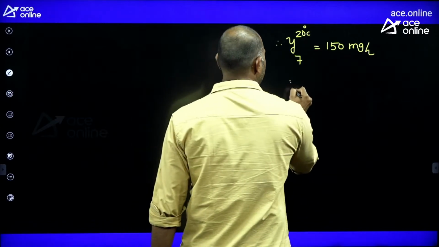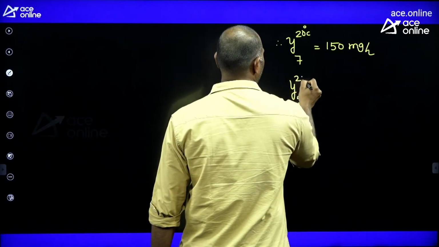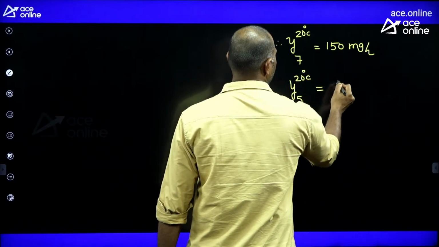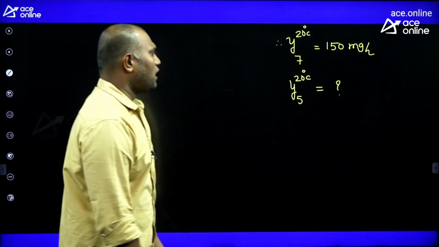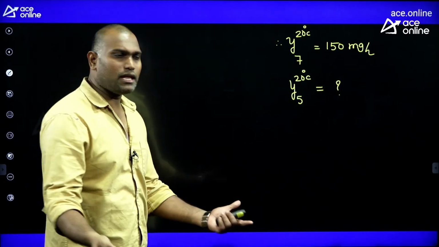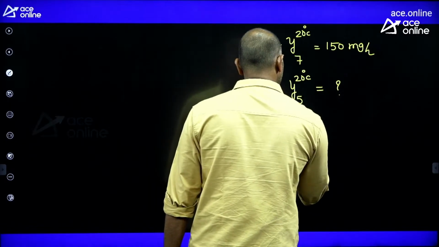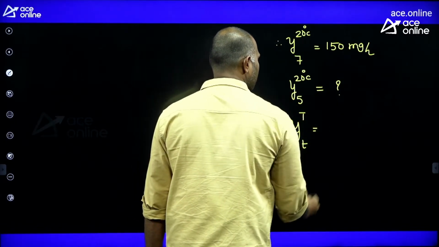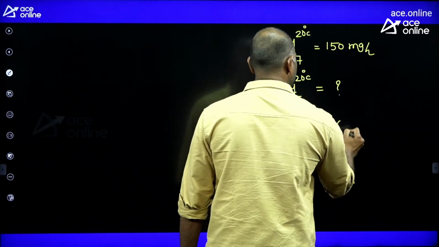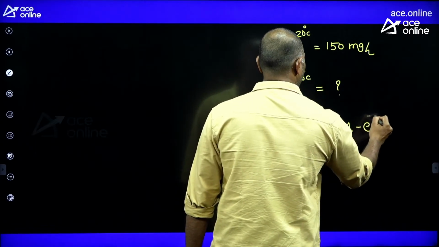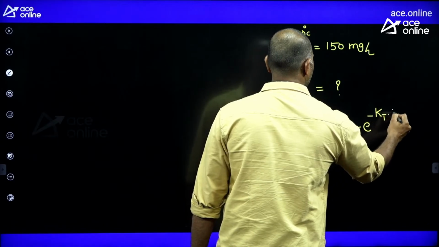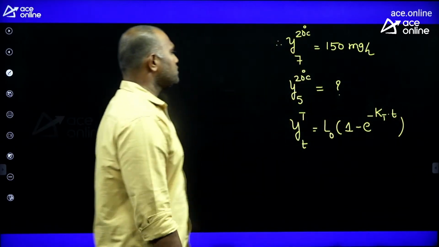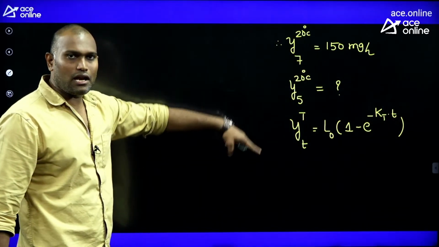But what I want is the 5-day BOD at 20 degrees centigrade. So this is my question. And what I can do is, I'll go with the standard way. Y at T days and T degrees centigrade is equal to L naught, this is the BOD expression, right? Into 1 minus e to the power of minus KT into T. So in both cases, L naught is the same, right?